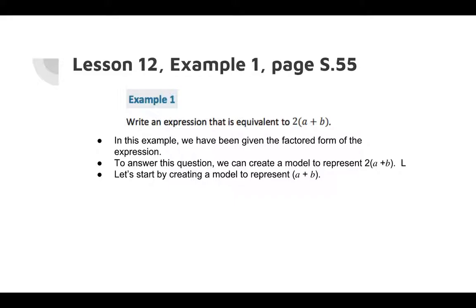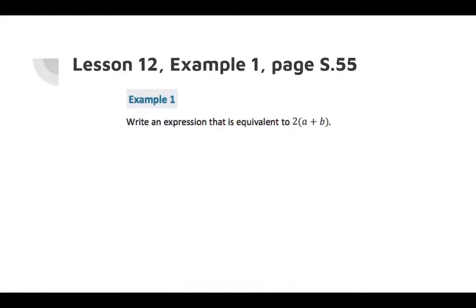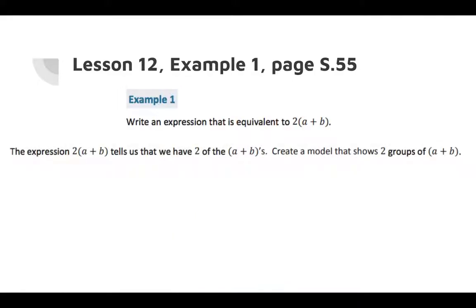So let's start by creating, we'll do this one step at a time. We're going to start by creating a model to represent a plus b. Okay, so here is what a plus b looks like. Now, the expression 2 times a plus b tells us that we have 2 of the a plus b's. So we're now going to create a model that shows 2 groups of a plus b.